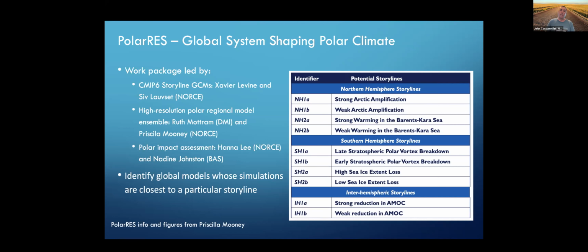Those are the ones that we downscale for this NH1A storyline, the top line in the table. And then they take the ones that have weak Arctic amplification, and those are the ones they downscale for that second storyline. So they're not downscaling the whole ensemble of GCMs. They're just selecting certain ones that have these different storylines.